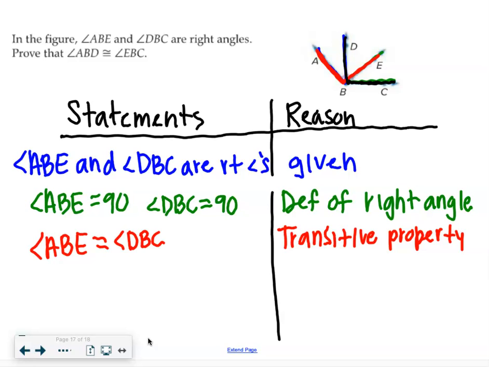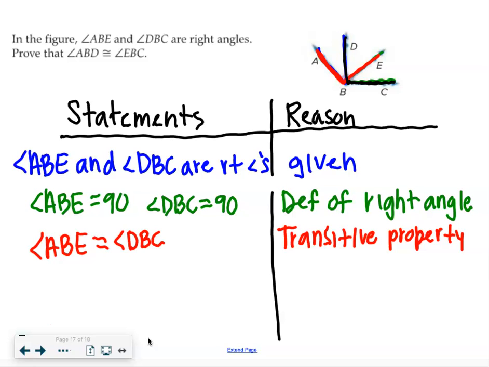What makes up angle ABE? What makes up angle ABD? What two angles make up ABE?